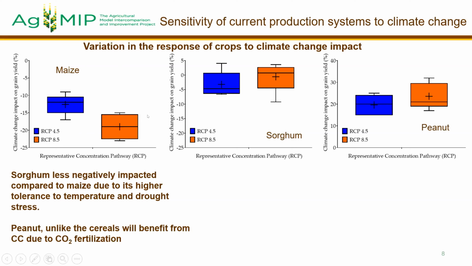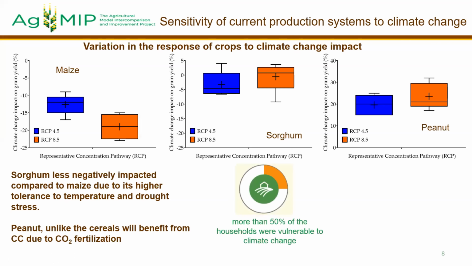And if you compare the climate change impact on maize to sorghum, it is clear that sorghum is relatively less negatively impacted by climate change, of course, due to its higher tolerance to heat and drought stress. And peanuts, unlike the cereals, benefit from climate change mainly due to the carbon dioxide fertilization.